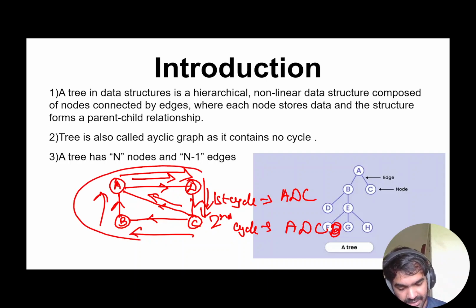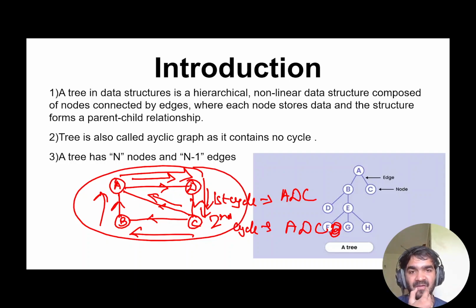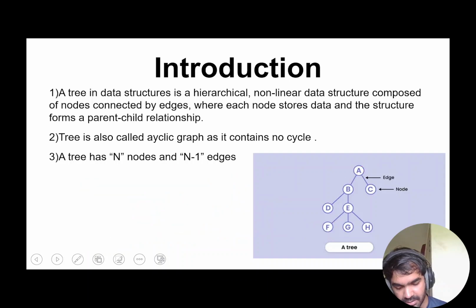So a cyclic graph cannot be called a tree. A tree is a graph as it contains nodes and edges, but it doesn't contain a cycle. That is why we call it an acyclic graph.